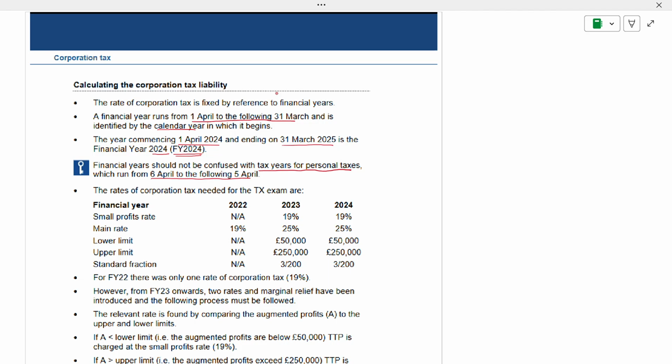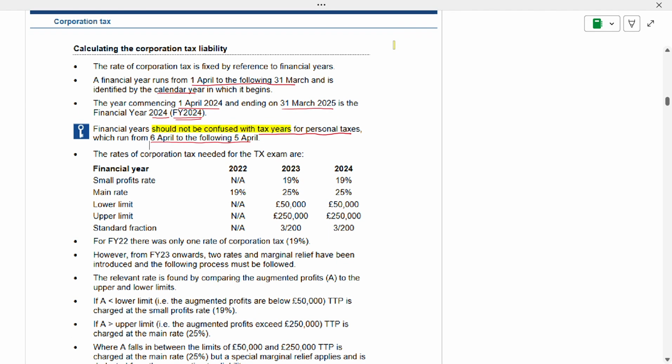We just have to be a little more cautious when talking about the financial year and the tax year. We have taken 1st April and 31st March as the benchmark, but don't mix it up. That's why they say it should not be confused with tax years. Are you clear about this?